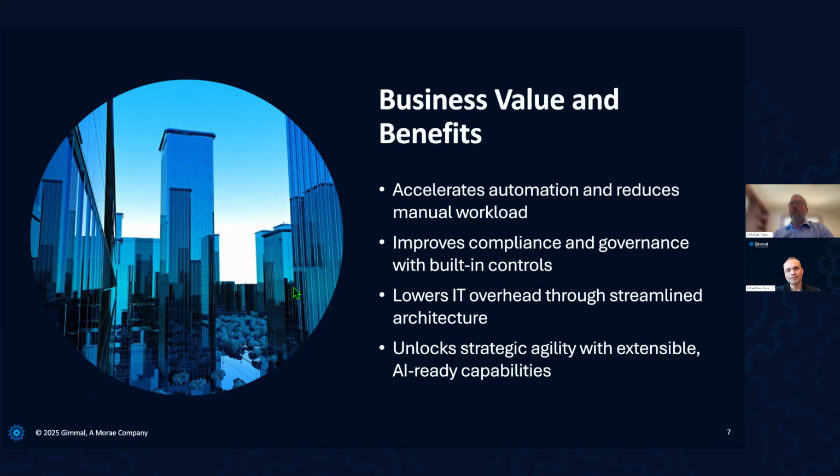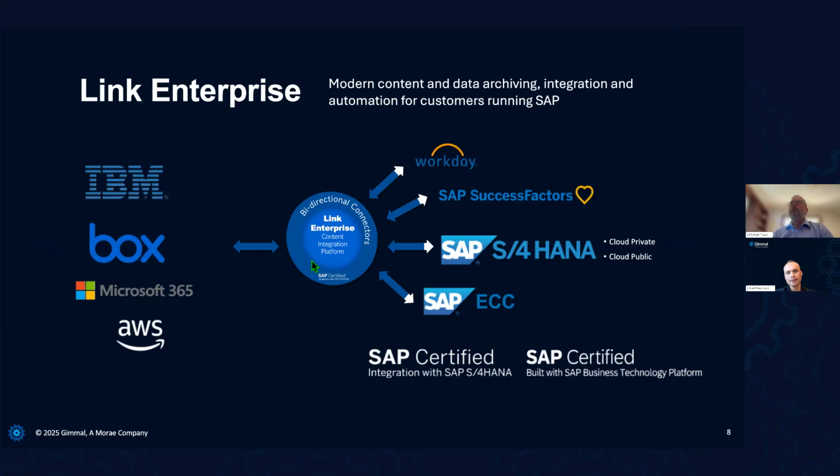Thank you, Michael. Awesome. Thanks, Joseph, for those examples. So this is a visual summary of what I've been explaining so far. It shows Link Enterprise as the bidirectional connector, as Joseph explained, between your SAP systems, whatever they might be. Obviously, we've got the SAP certification there for both SAP S/4HANA as well as the BTP platform, and that's important when looking at options.